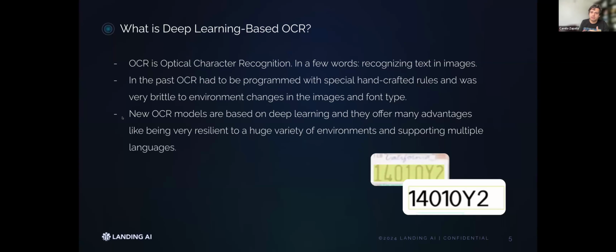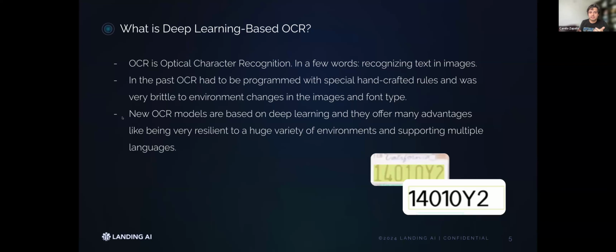So you had to code handcrafted rules to detect characters, to detect numbers. If you wanted to have a different language supported for your OCR system, then you had to go again and code more handcrafted rules for the different characters in different languages. So it was very brittle to environment changes, to the image environment, and to the font type. So that were kind of the limitations of the old OCR systems.